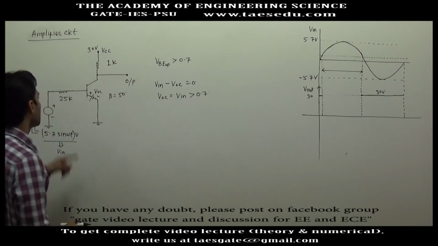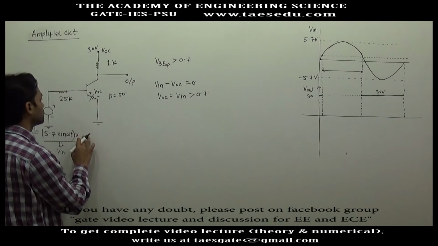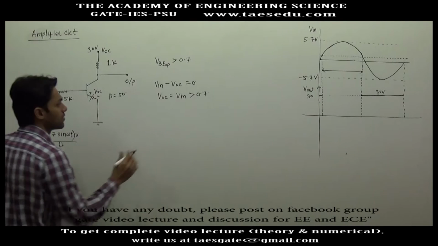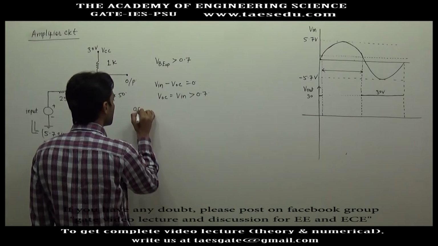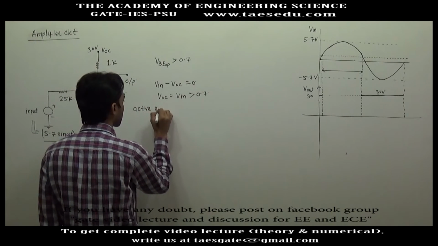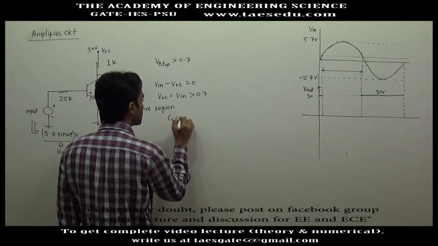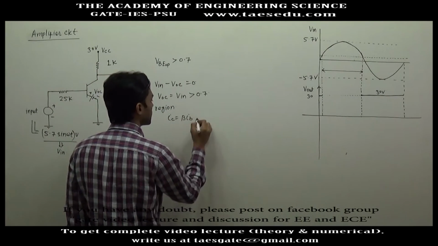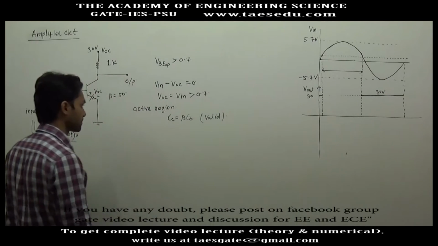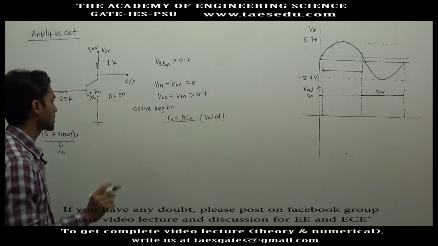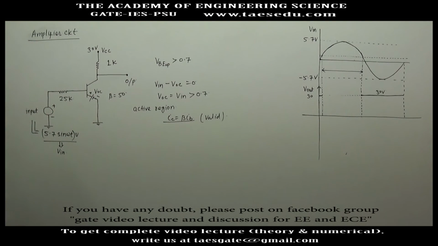So first we will find out IB. To find out IB, we will first move in this loop. We are assuming that the transistor is in active region. So in active region, IC equal to beta IB is valid. In saturation region, this formula is not valid. So first I am assuming it is in active region.